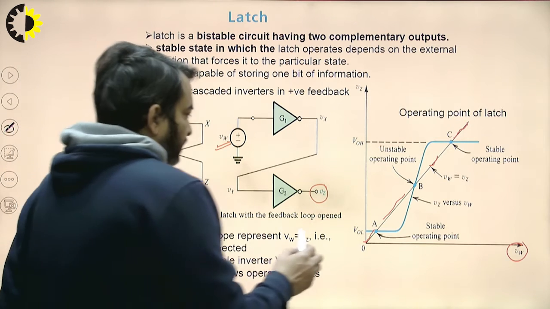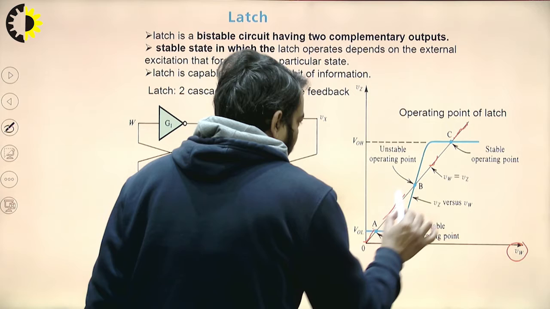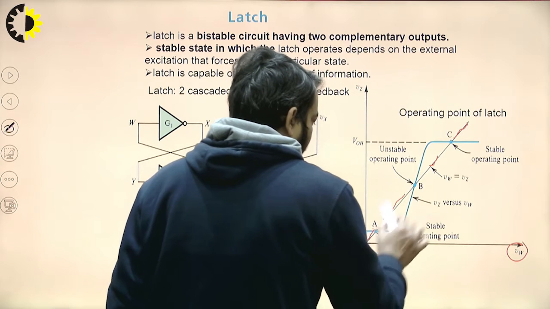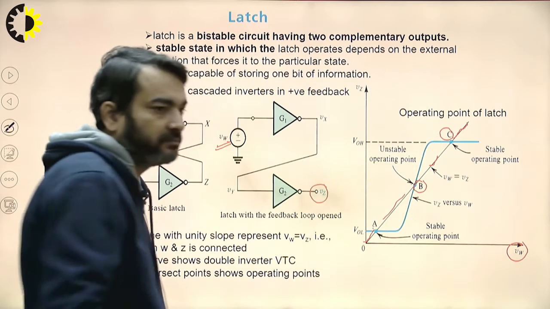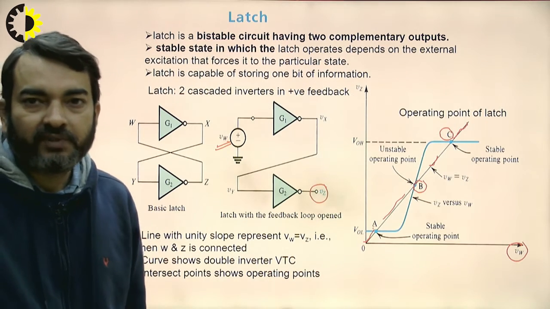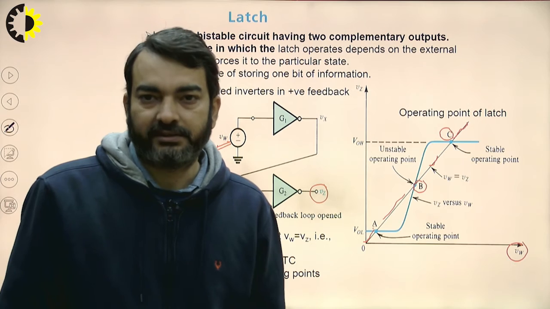We have three intersect points, one at A, then B, then C. These are the operating points.